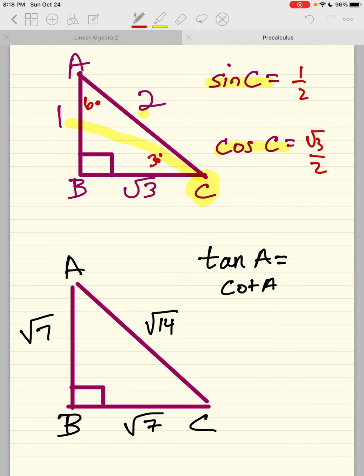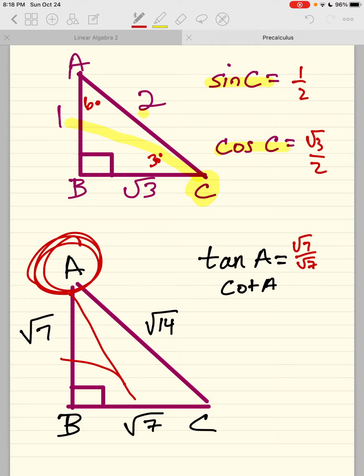What about this one here? What is the tangent of A? Well, go find A. Tangent is opposite over adjacent. That's 1. Great. What is cotangent? The flip of it, which is also 1. This is something also very special.